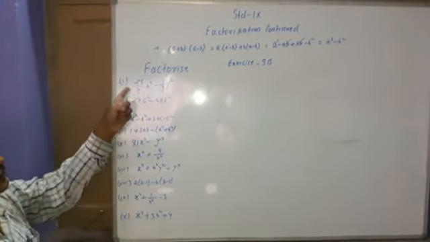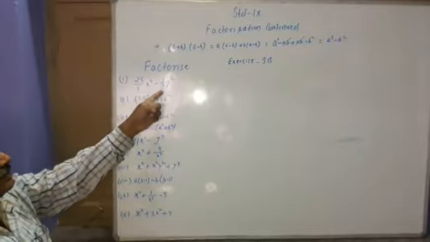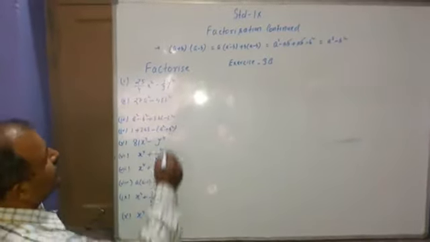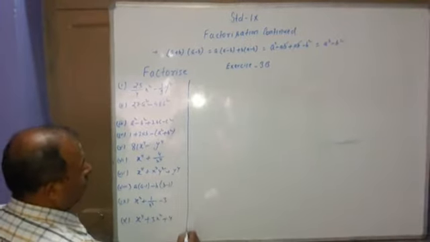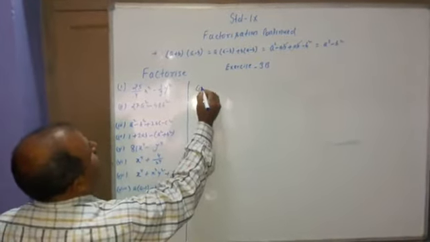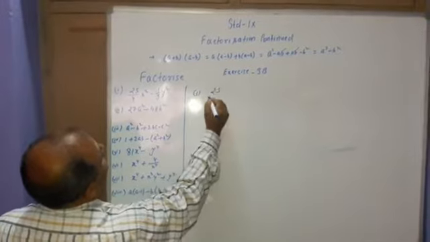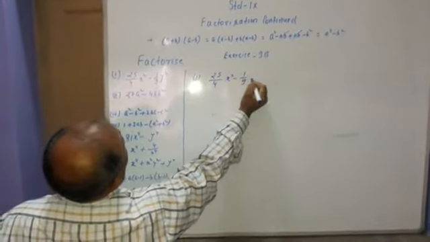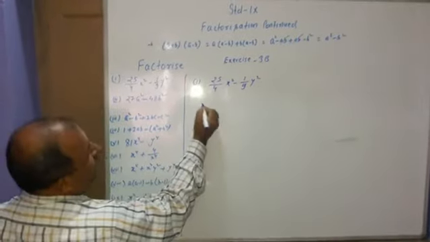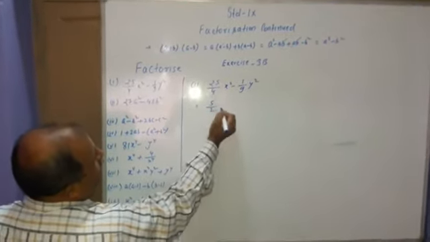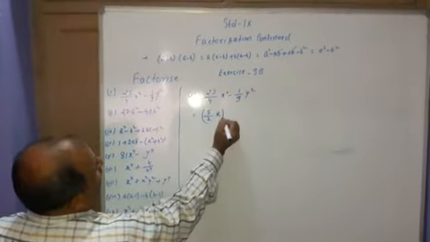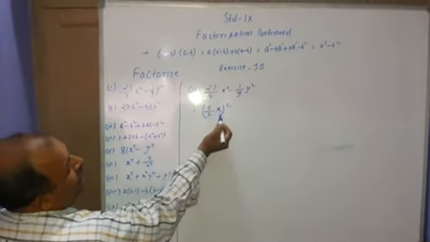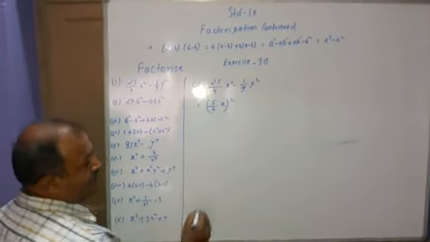The first problem: 25 by 4 x square minus 1 by 9 y square. Let us start with it. We know that the square of 5 is 25, the square of 2 is 4 and the square of x is x square.